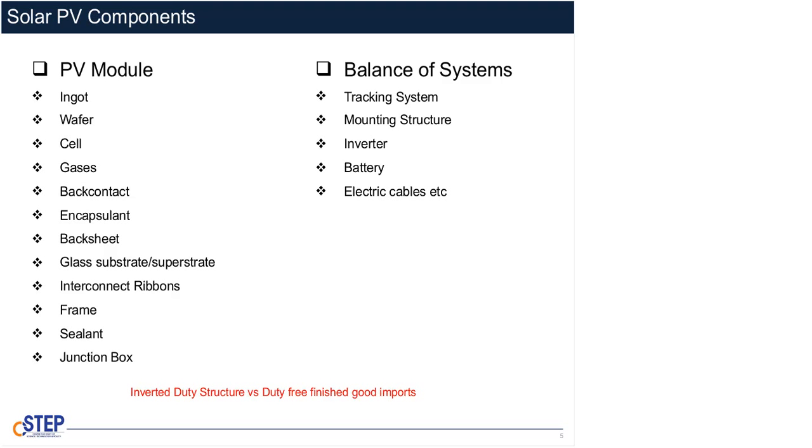Why am I focusing on the inverted duty structure? Because of the domestic manufacturers. Let me explain what an inverted duty structure is. Under an inverted duty structure, the import duty on the raw materials is far more than the import duty on the finished goods. So the inverted duty structure acts against the domestic manufacturer and in favor of the imports of the finished module.